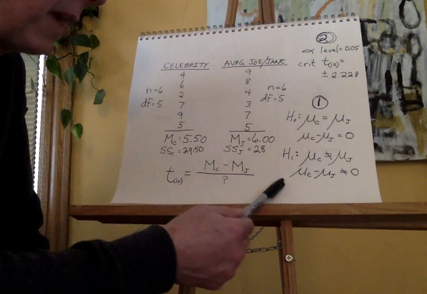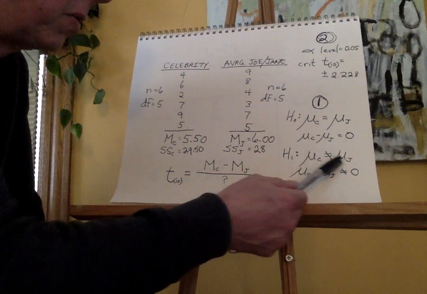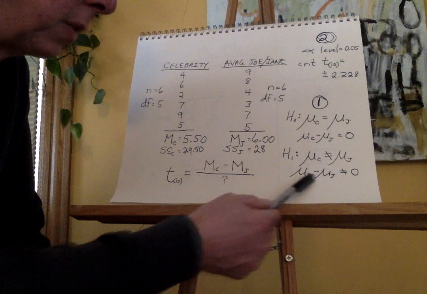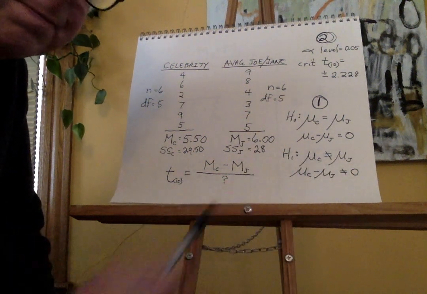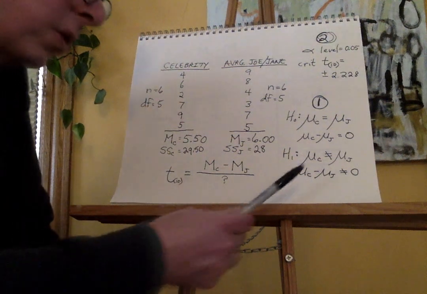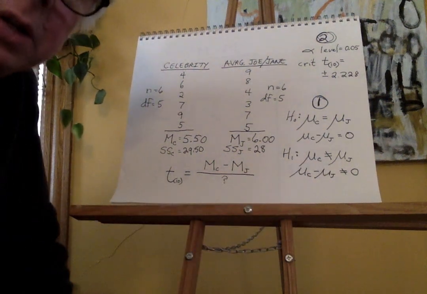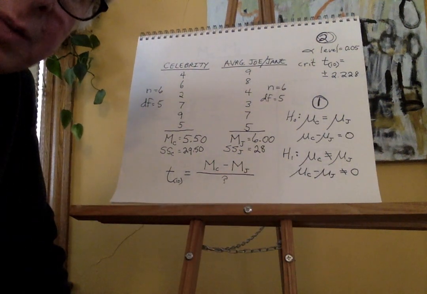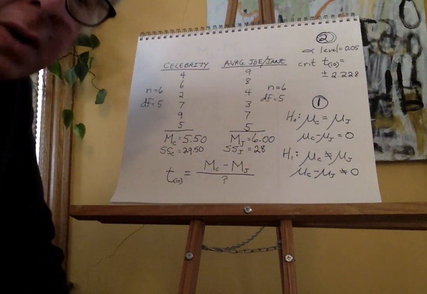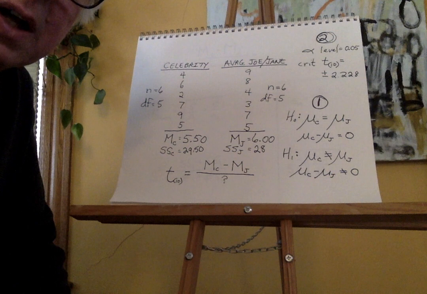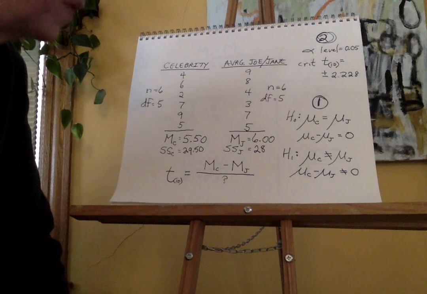And then the alternative hypothesis is that the 2 groups will not be equal, so when we compare them, it's going to be something other than 0. Okay? Of course, we're not going to take the 0 literally, just like we've done in the past. We're going to say, well, is it different enough from 0 for us to conclude that there's a difference?